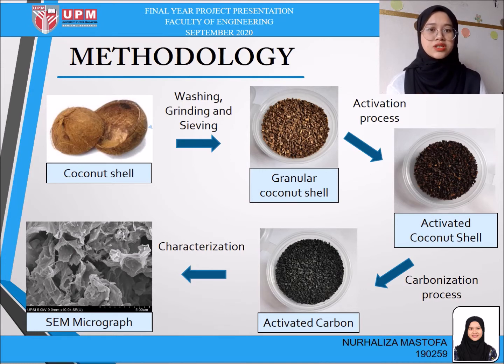The chemical solutions used in this project are sodium chloride, calcium chloride, and iron trichloride. And then we proceed to the carbonization process. The carbonization process took place in a furnace for 1 hour at a temperature of 600 degrees Celsius. And then we proceed to the characterization process.